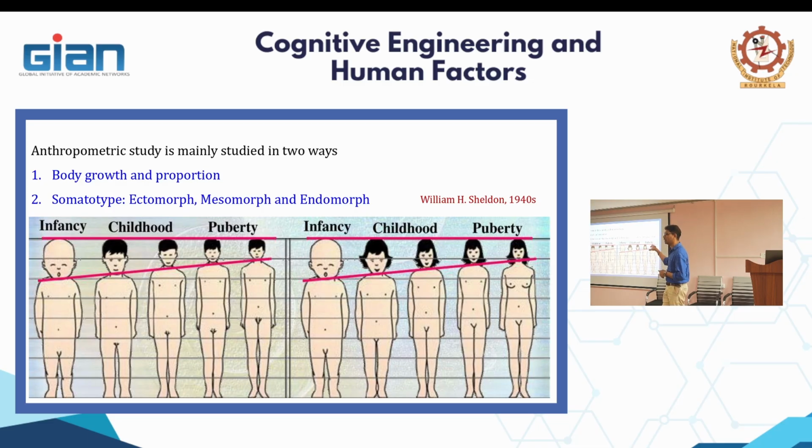The diagram shows three different ranges: infant to childhood, and childhood to puberty. Infant is the newly born baby, then childhood is something like 4 to 8, then 8 to 13 maybe the puberty, where the body changes take place.